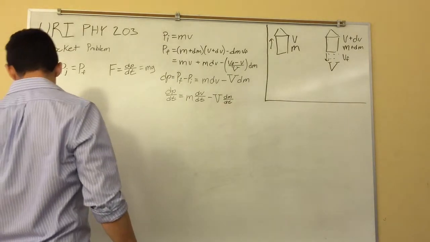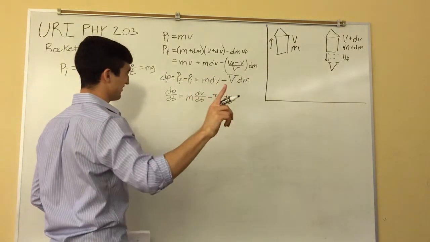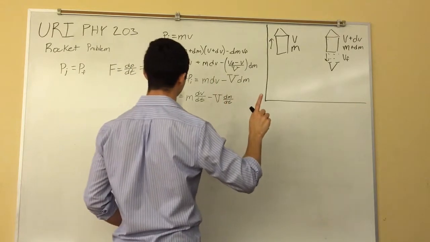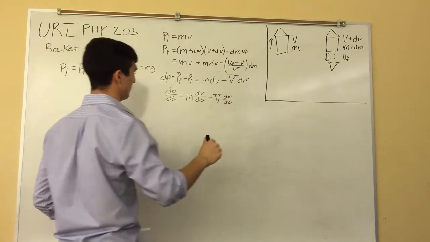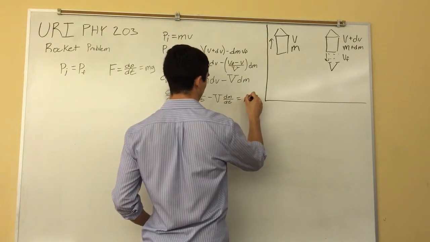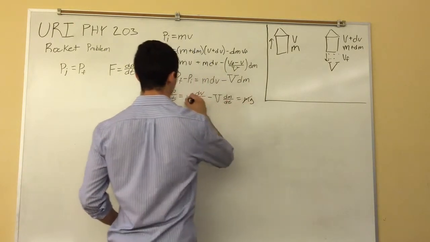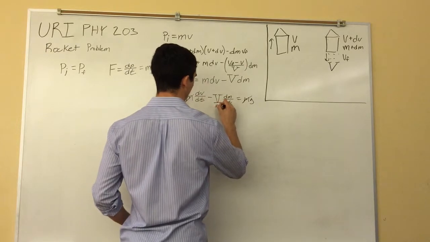Oh wait, 1 second. We can also quickly point out that the m's will cancel, you know what, no, okay, because we're going to equate this now to mg. M's will cancel here, and we're going to divide this by m.